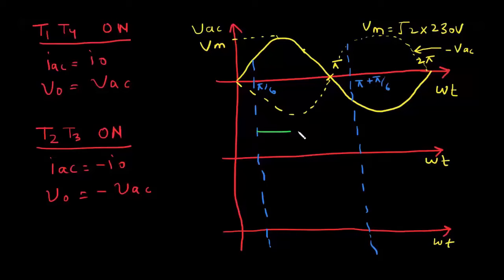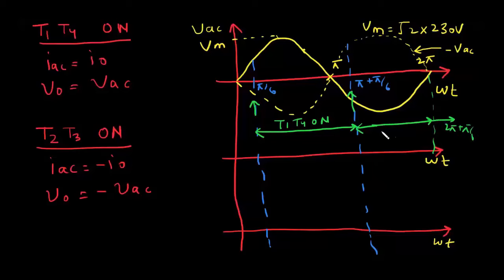So from pi by 6 to pi plus pi by 6, T1 and T4 are on. Here you are triggering T1, T4, and you are triggering T3, T2 at pi plus pi by 6. So from here onwards, up to 2 pi plus pi by 6, T2 and T3 are on.